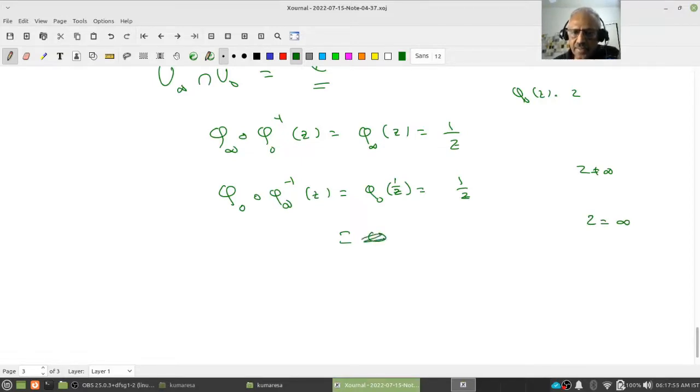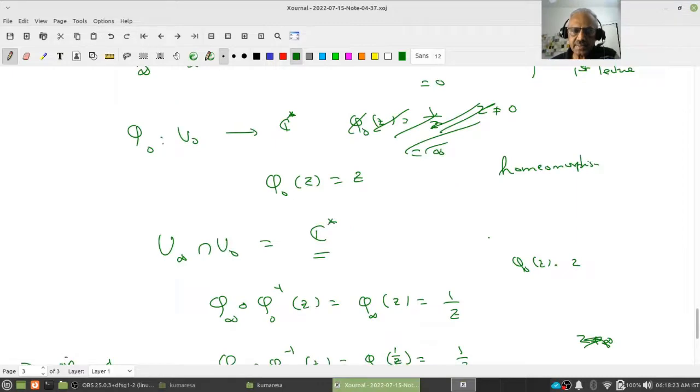Remember, the domain of this transition map, phi 0 composite phi infinity inverse, is C star, therefore z is not equal to 0 and z cannot be infinity also, right?